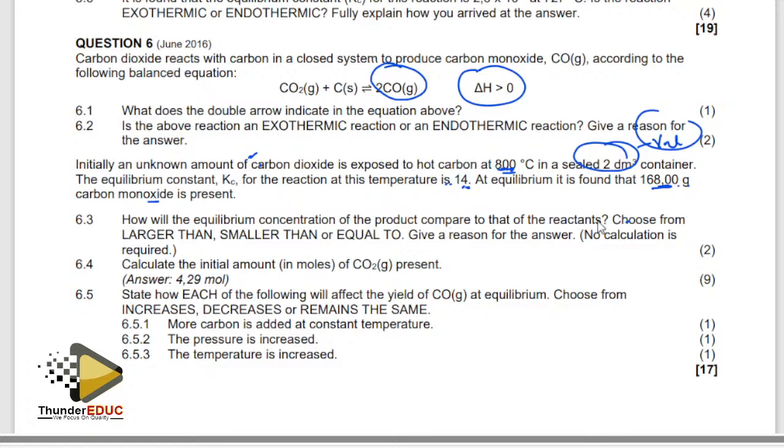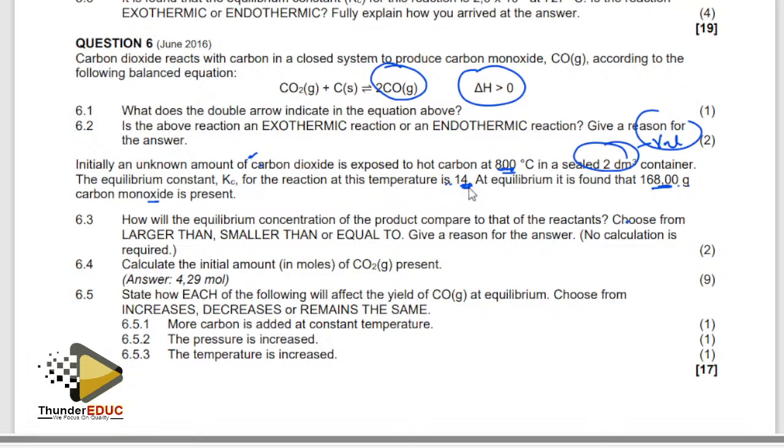So now if you are looking at the concentration of the product, let's see the Kc value. Where is the Kc value? Did they give us the Kc value? They're saying that the concentration constant Kc for this reaction at this temperature is 14.